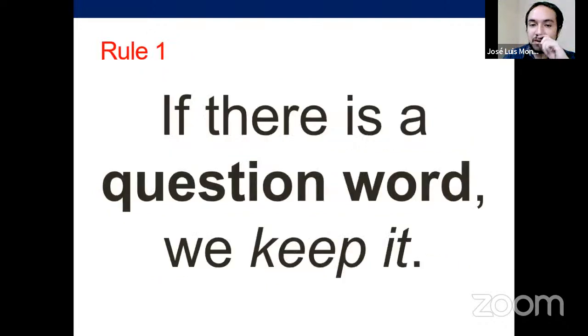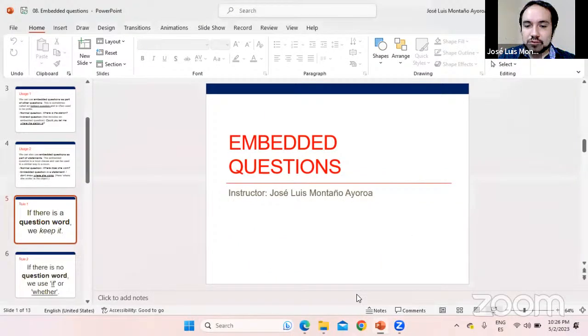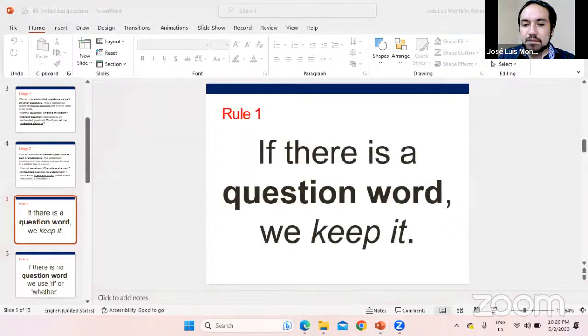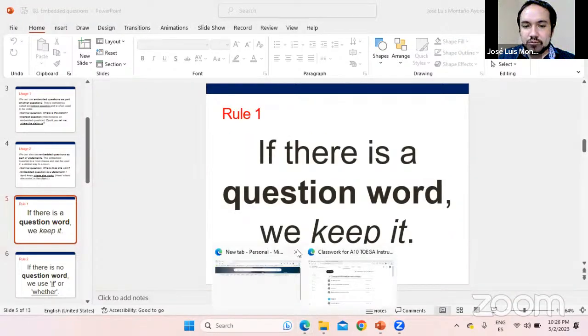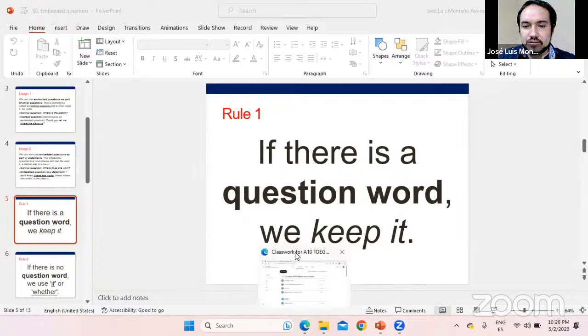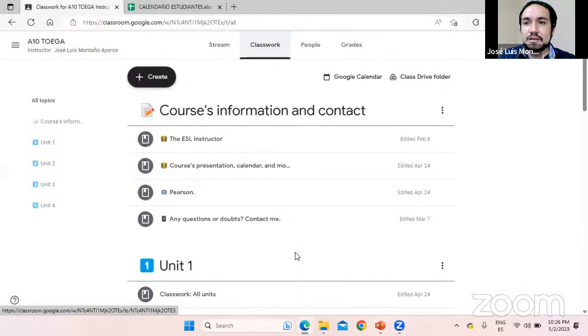If we go to the next part, we're going to work little by little. Now I'm going to work with two examples. I hope this works. All right, give me one second.